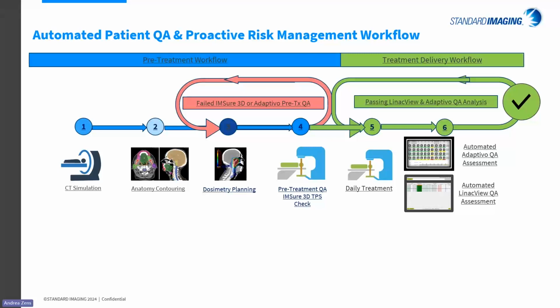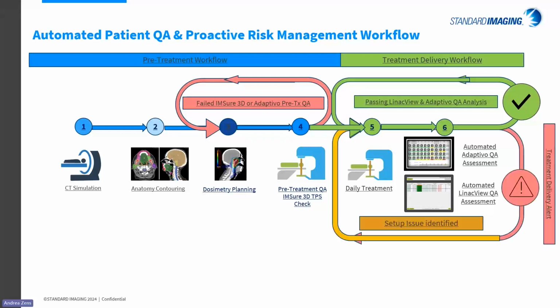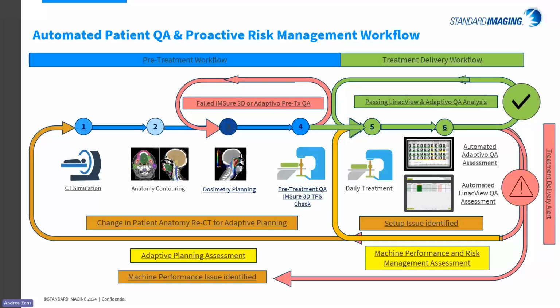And of course, reports are generated. All this detailed information provided by Adaptivo ends up helping to determine one, if there's a setup issue, but also if there's change in patient anatomy, if it is time to re-CT for adaptive planning.